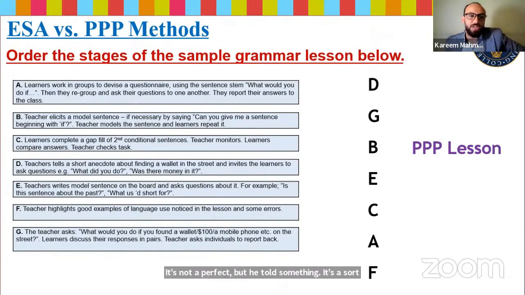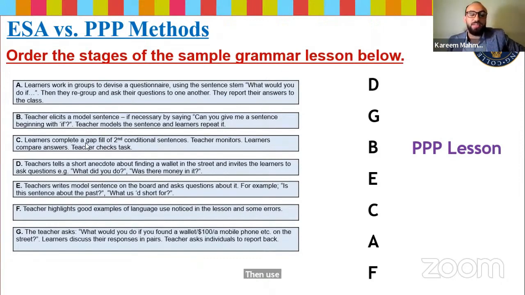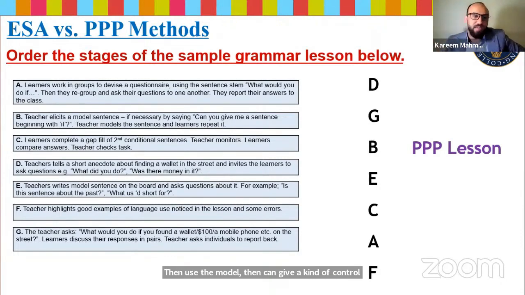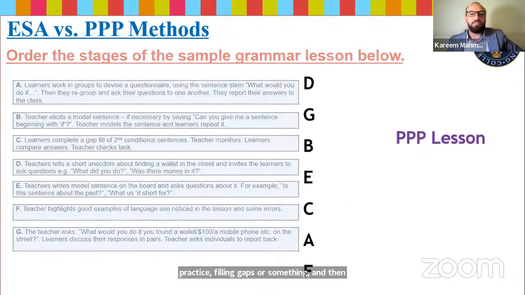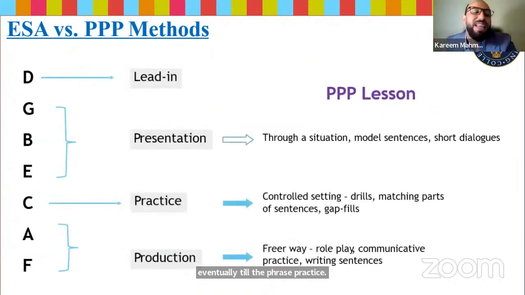Then he asked about the wallet, then elicited the target language, then used the model, then gave a kind of controlled practice, filling gaps or something, and then eventually the freer practice. So that is the way a PPP lesson should be.